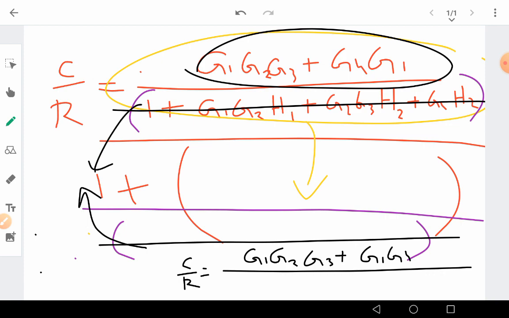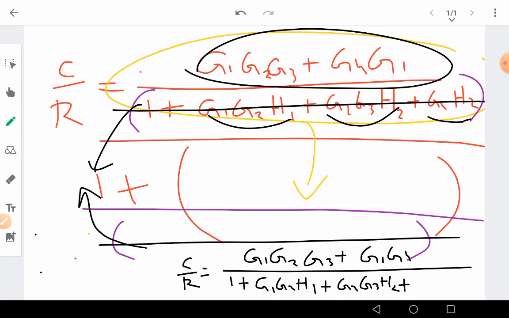So it will be 1 plus G1 G2 H1, sorry, 1 plus G1 G2 H1 plus G2 G3 H2, right? This I am writing the same, plus G4 H2, this will also remain the same.